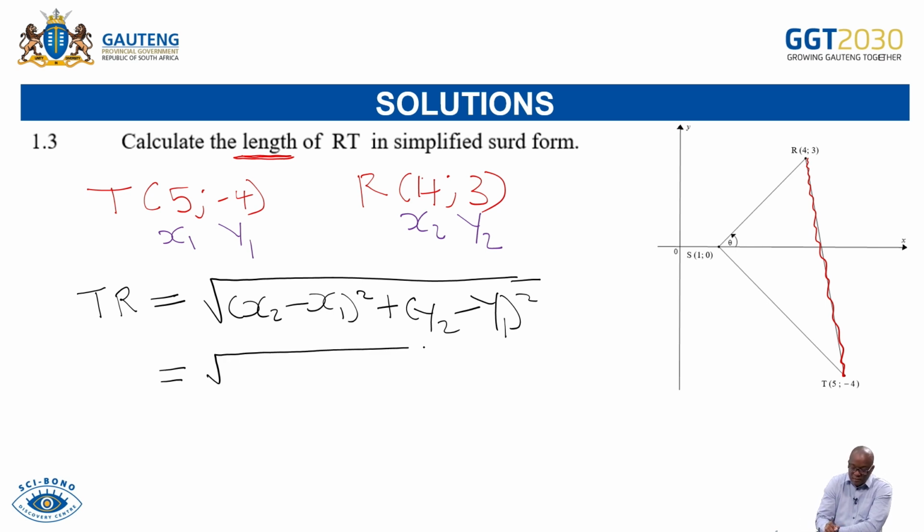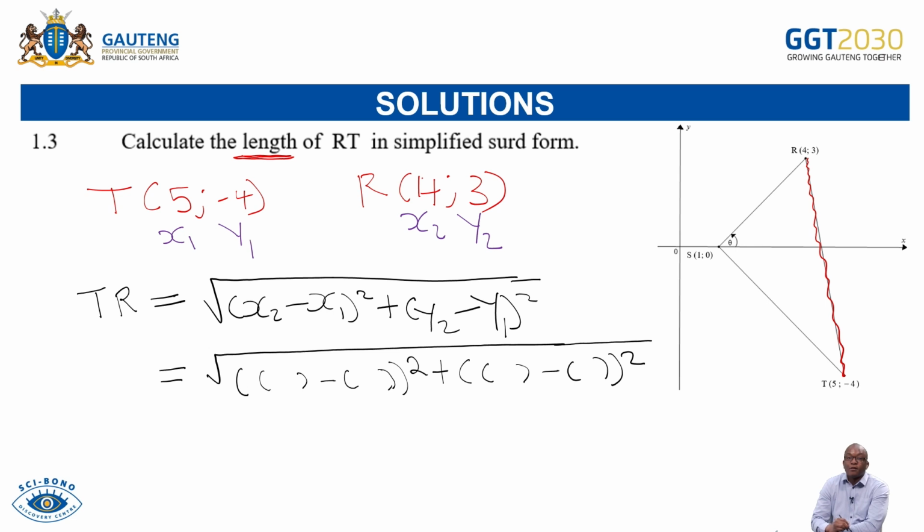Now we're going to substitute, and make sure that as you write your formula, you write it the way you are going to punch it in your calculator. The square root must cover everything underneath. Correct? So that's how we open the brackets and start to substitute. x2 is 4 and x1 is 5. Then y2 is 3 and y1 is -4. So that's what you do in terms of substitution.